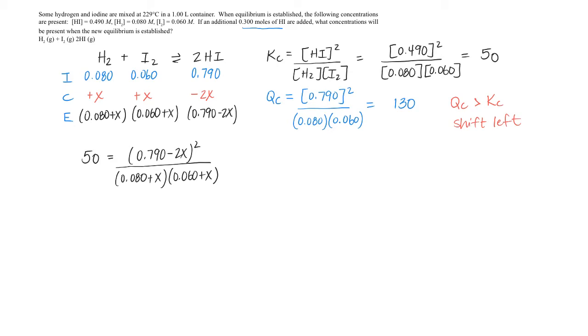To solve this quadratic equation, we have to get our quadratic in the form of ax squared plus bx plus c equals 0. And to do that, we'll have to begin with FOILing.